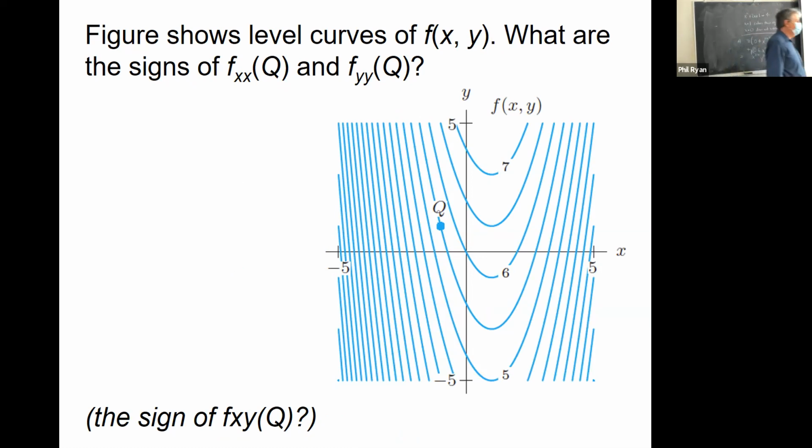I think we've got time for one last one. Let's go to a different point, at Q. So we're here. This is kind of going up here. There's a hill there. So as we go in this direction, we're going uphill.